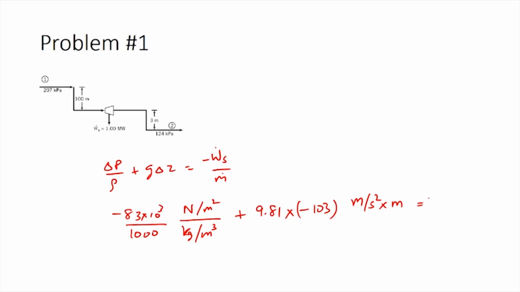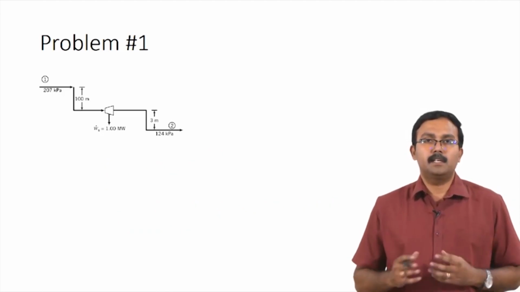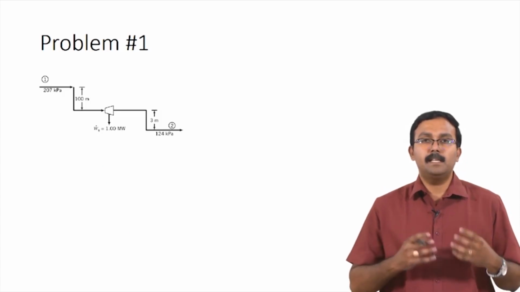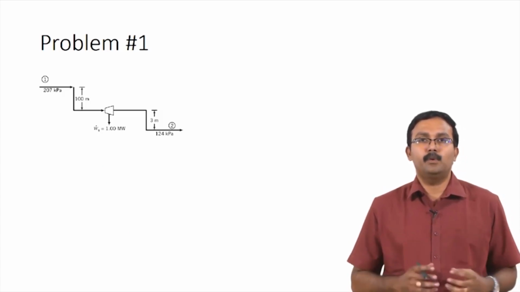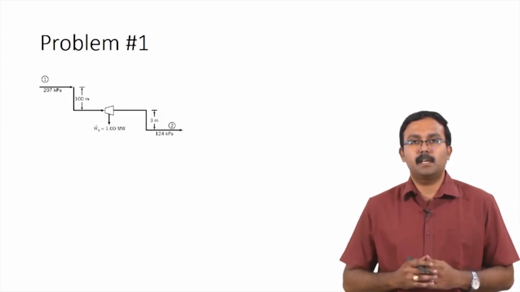Our minus Ws dot has been given as 1 times 10 power 6 Newton meters per second divided by m dot, which would be in terms of kilograms per second. In this equation, you can verify if the units are correct. Just try to substitute the basic SI units for Newton and Pascals, and confirm that the units for individual terms are correct.